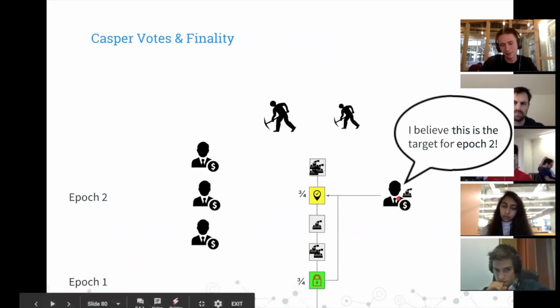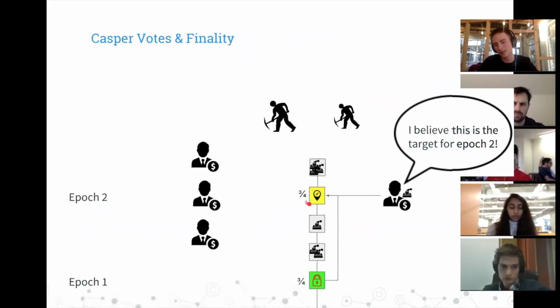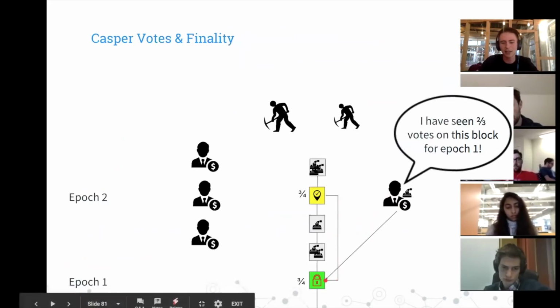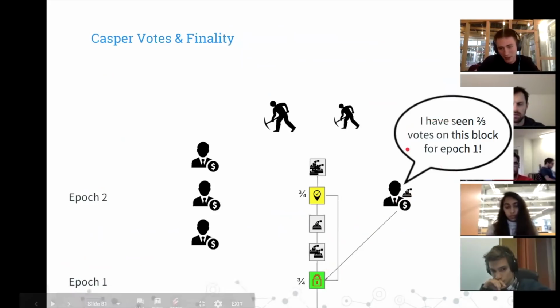When this validator submits their vote, they're saying, I believe this block is in the main chain, right? But because there's also this link to the previous source, the source epoch, that means that this validator also must have seen 2/3 votes on this block.